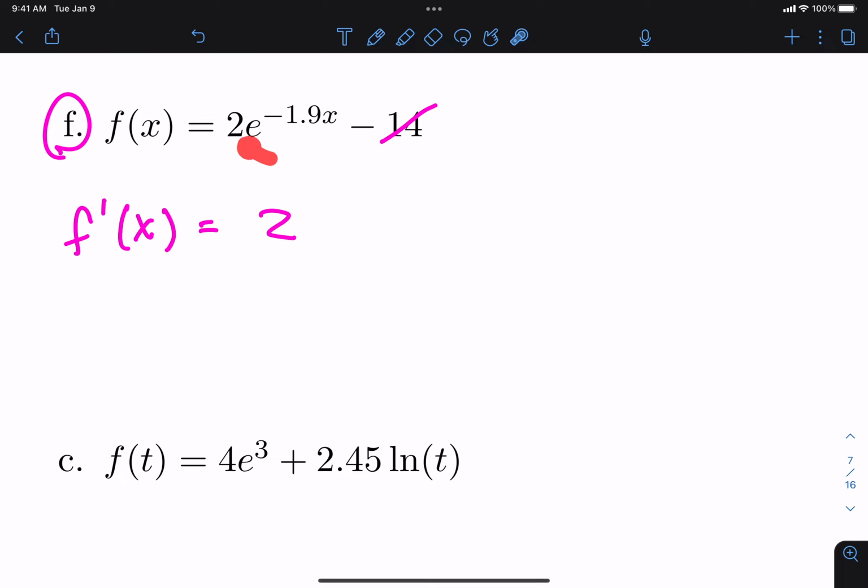And then for this one, I have something to a power, so I need to multiply down by the previous power, so that's 1.9x. And then I need to do e to the, and I need to make this power 1 less than it was before, so I'll just subtract 1. Am I right? No, I told you I'm not right. But why am I not right here? What mistake have I made?